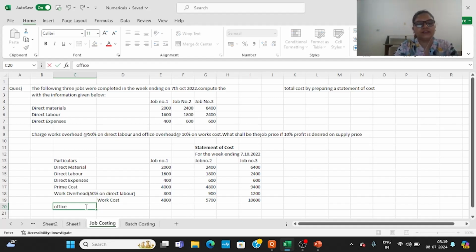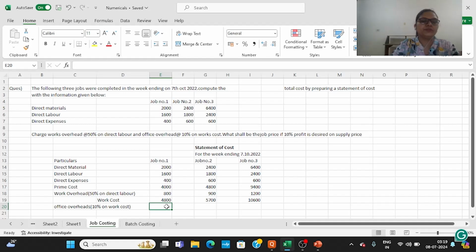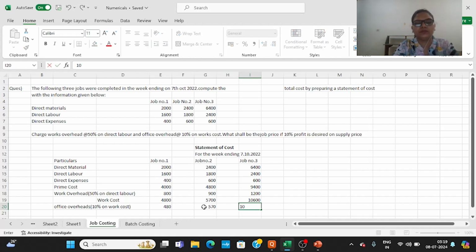Office overheads are given as 10% on work cost. 10% on work cost of 4800 gives 480, 10% of the next work cost gives 570, and 10% of the last gives 1060.